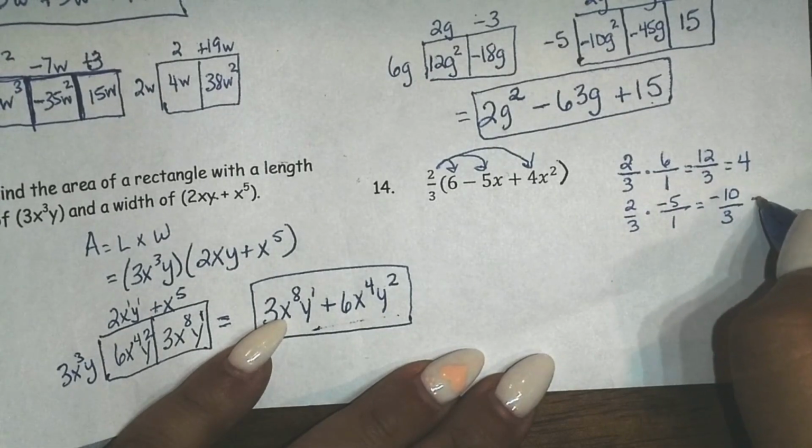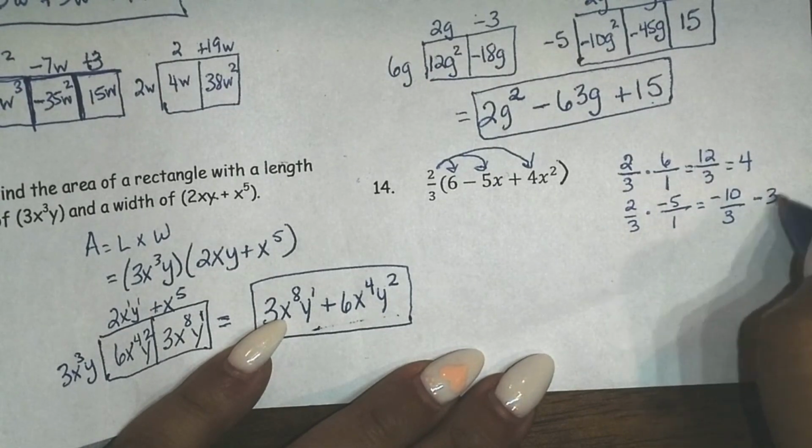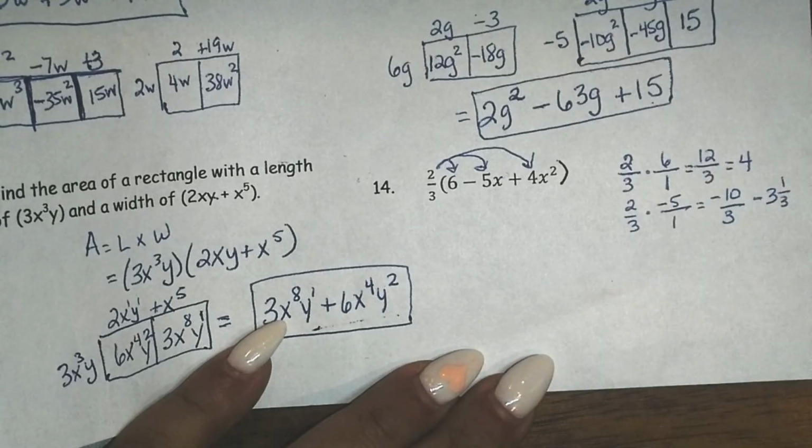Now you can't reduce that, but this could be -3 and 1/3.